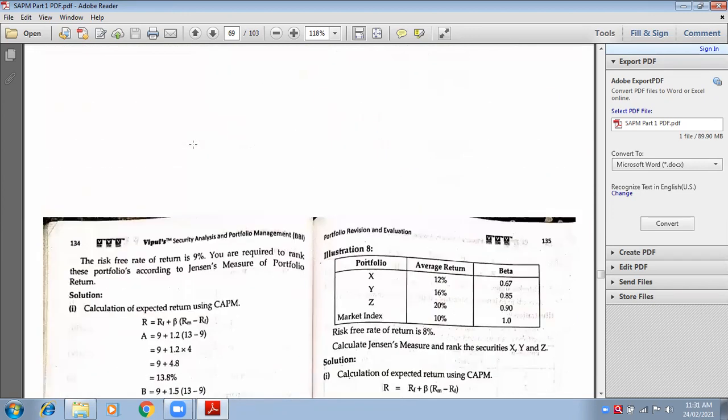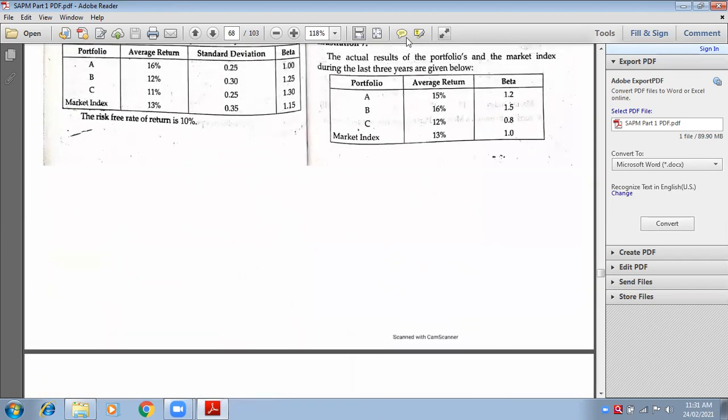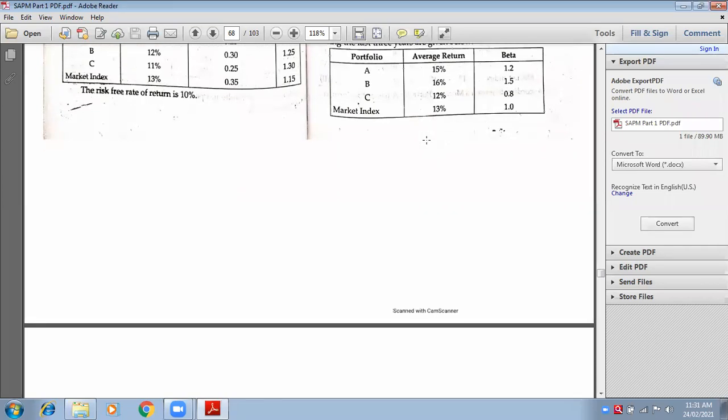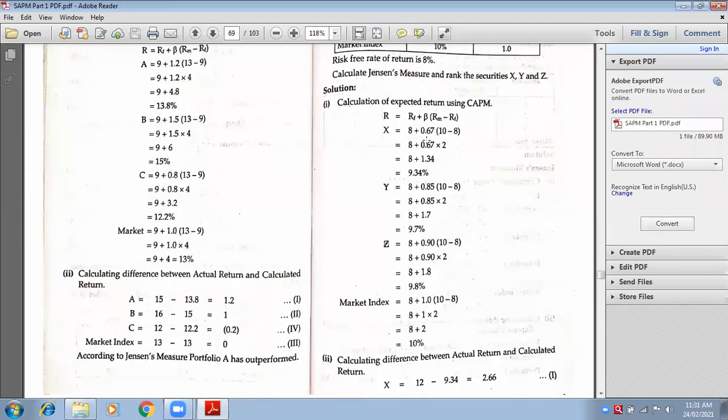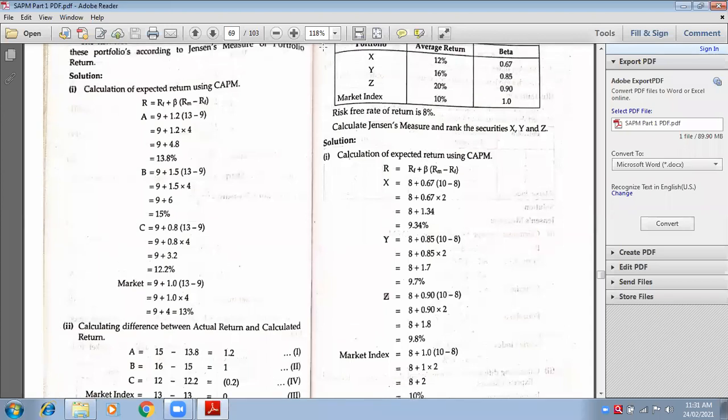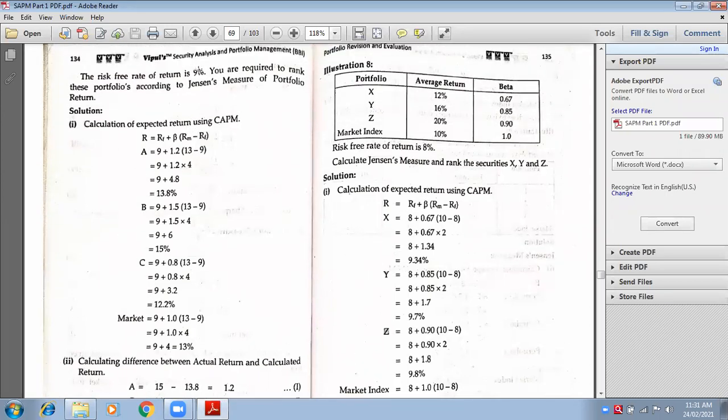RM is here in the table. See, this is the column of returns and this is market. Market returns, RM, is 13%. So here in the bracket you will write 13 minus, again the same, RF is 9.